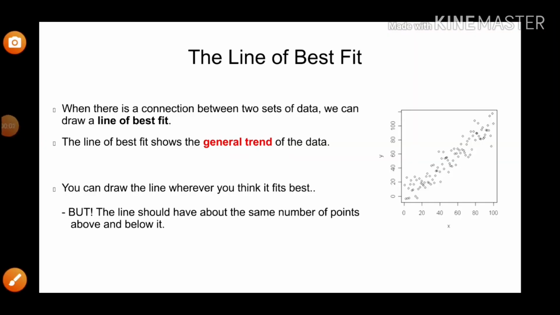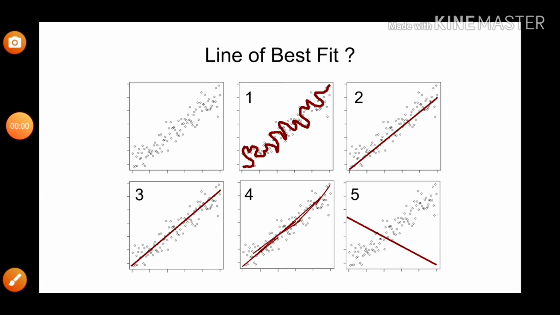Now let's talk about the line of best fit. What is the line of best fit? It's a line that shows the general trend of the data. How you draw this is you draw a line in the middle, so I have the same number of points above and below the line. Have a look at these lines of best fit. Which one is the right one?